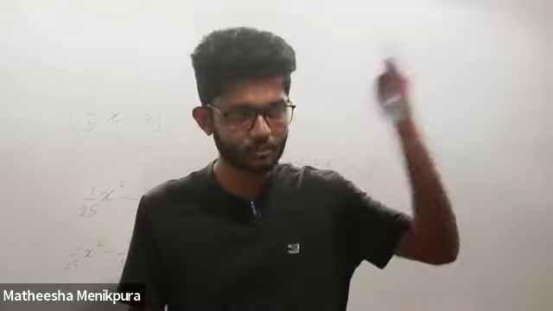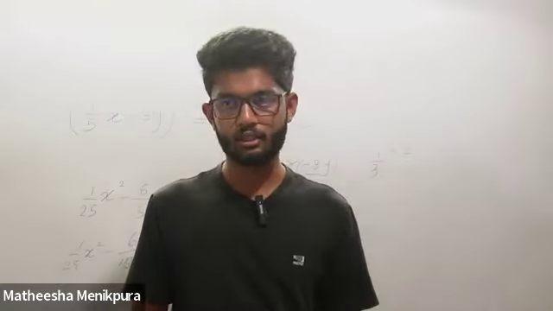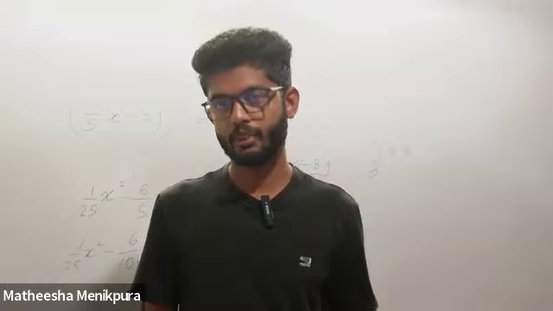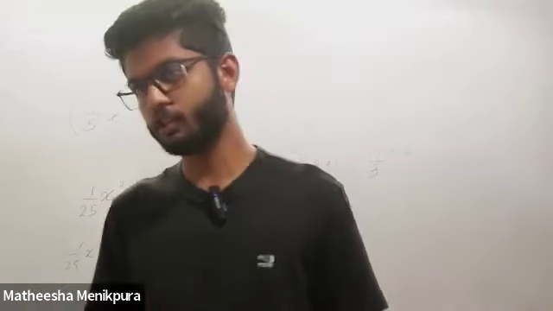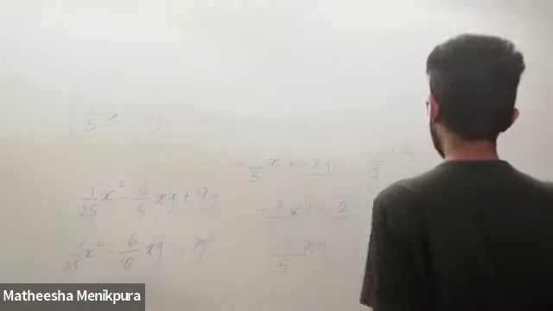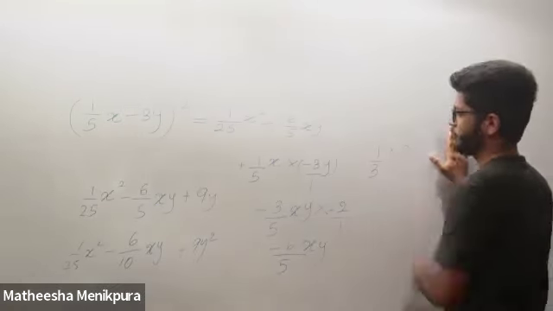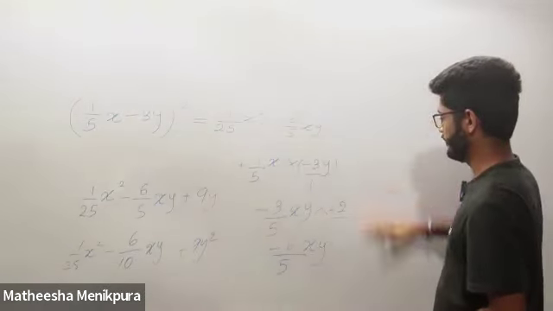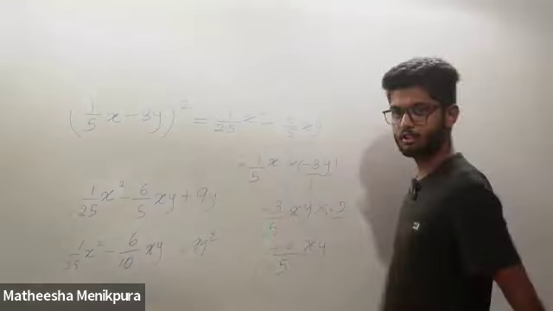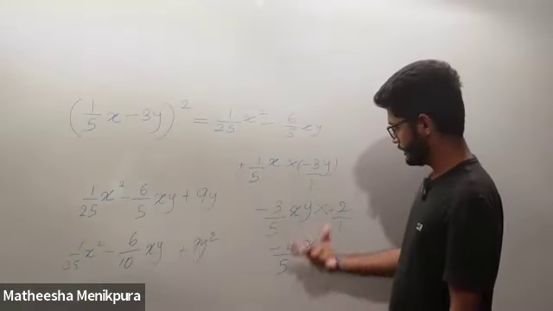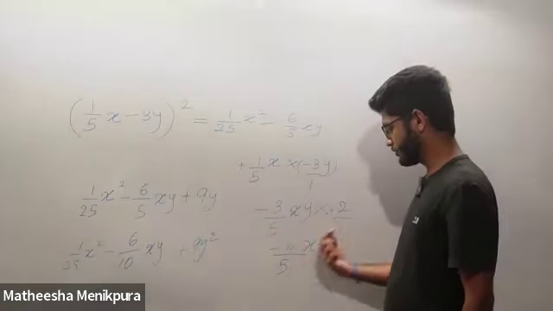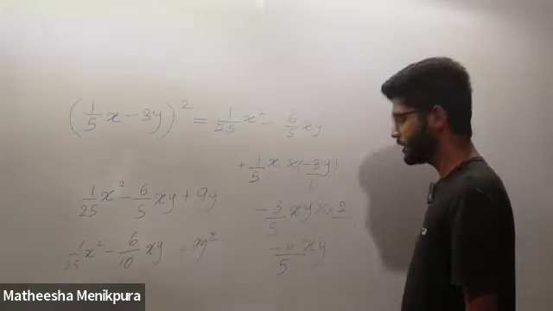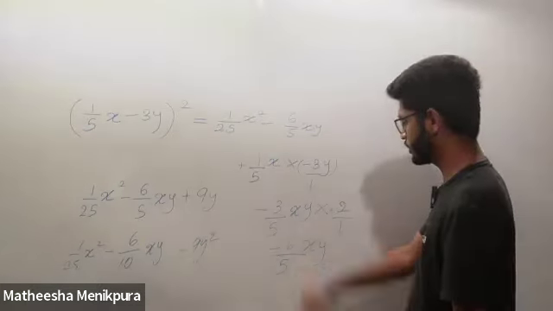You can just multiply the numerator only. Keep that in your mind. So 3 times 2 is 6, 5 times 1 is 5, xy, minus 6 over 5 xy.